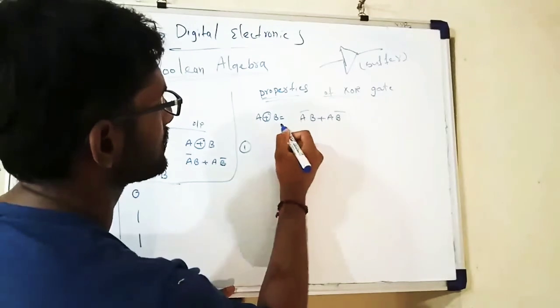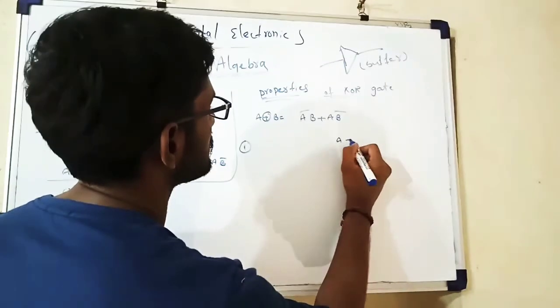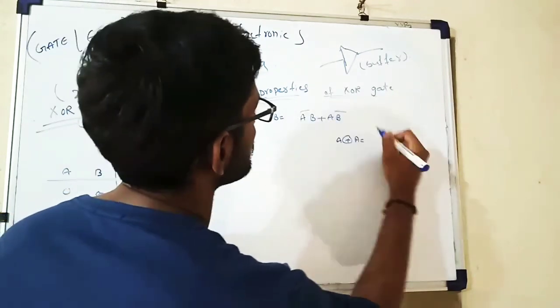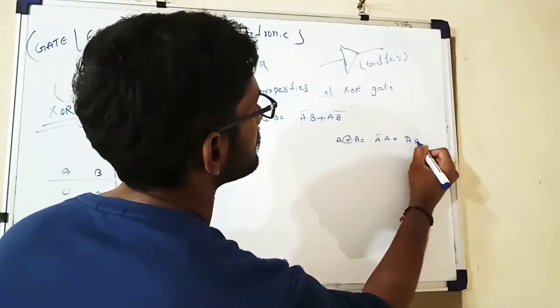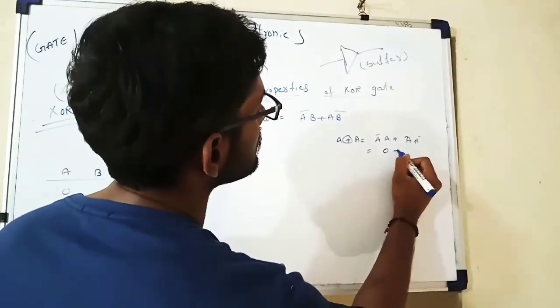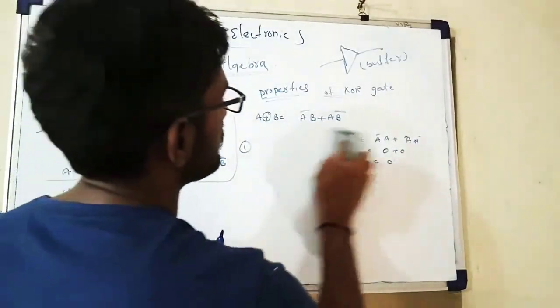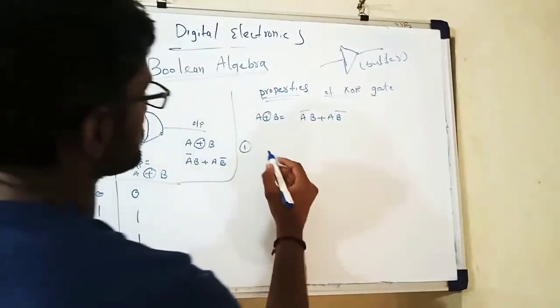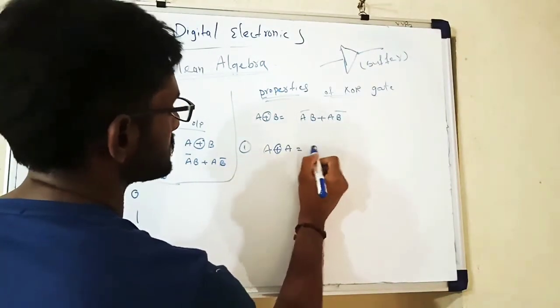If B is also equal to A, then A XOR A is, replacing B by A, A bar A plus A A bar. We have seen that A into A bar is 0. That means we can write A XOR A is 0.